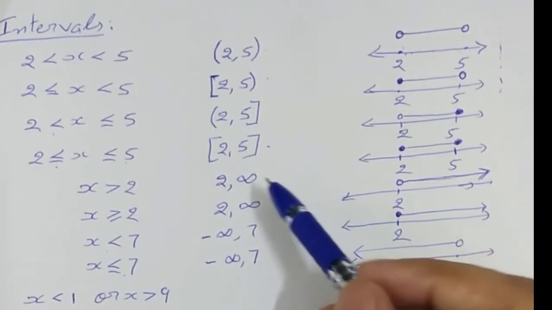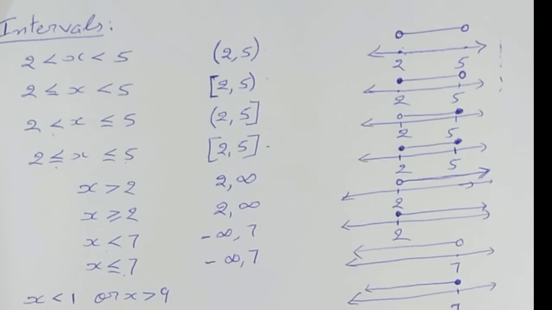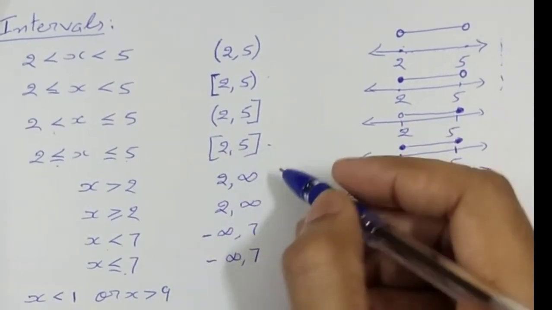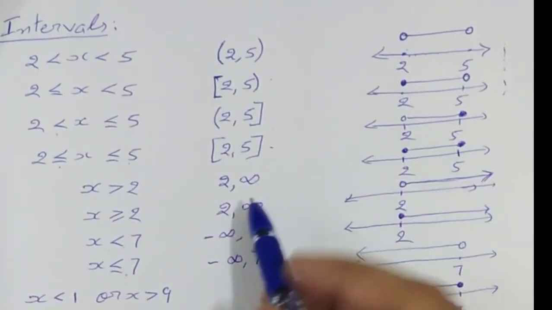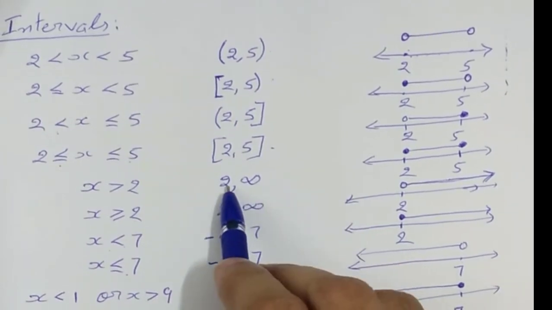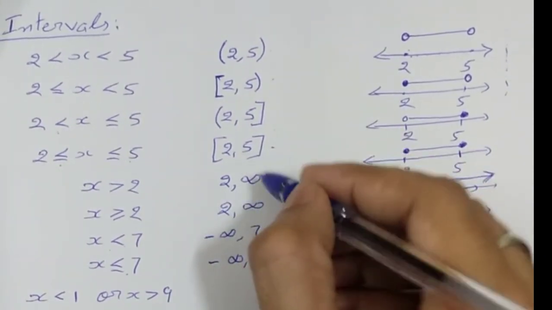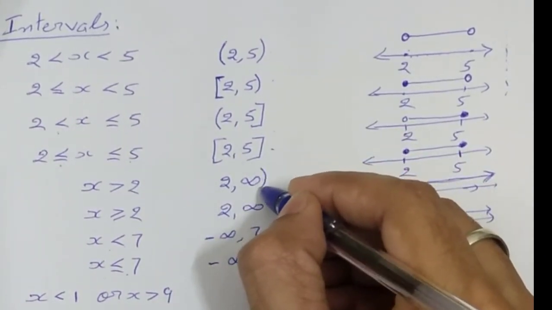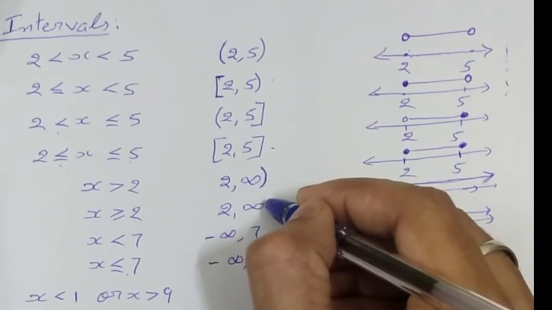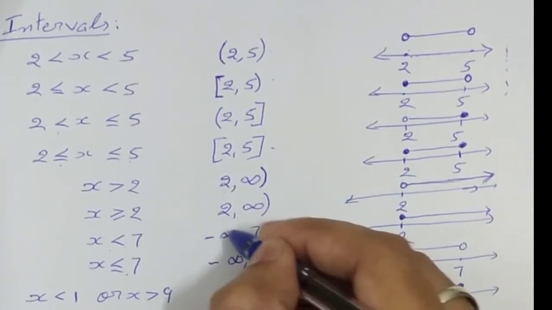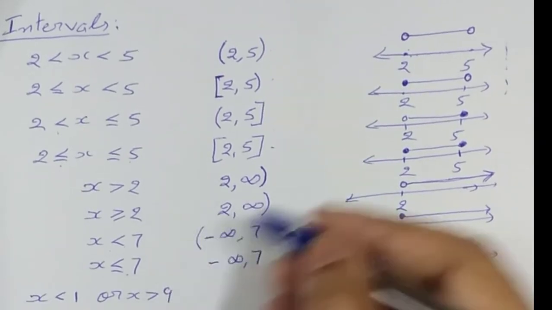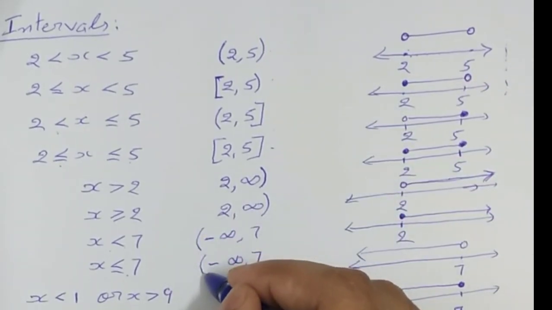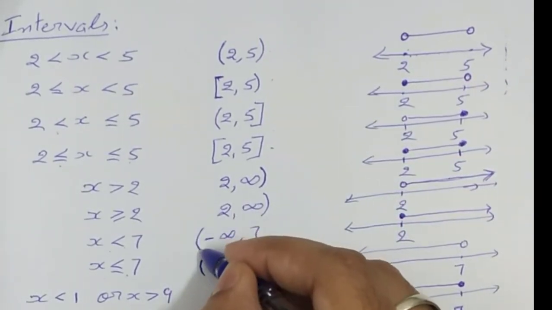Now let's put the brackets, respective round or square bracket. How do we do this? Infinity is not a number. This just represents the behavior that this is a never-ending process. So we always put a round bracket over here. Over here we'll put a round bracket, and for minus infinity, we'll put a round bracket. We cannot have infinity, right? Because this is not a number.